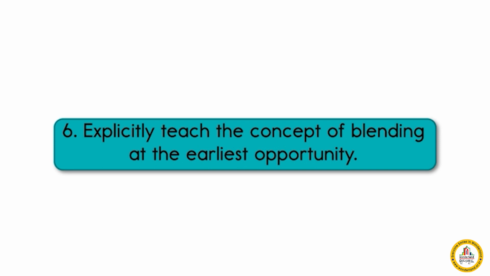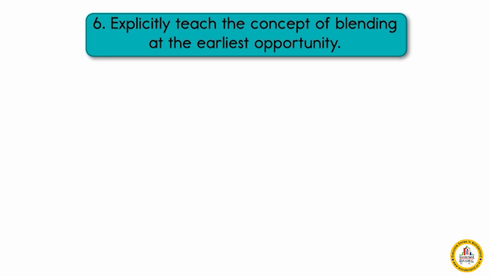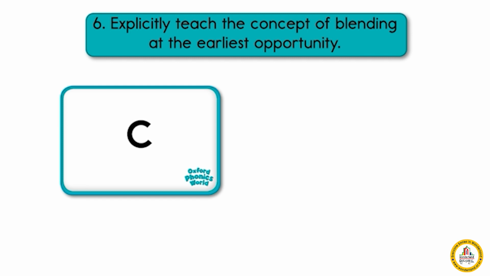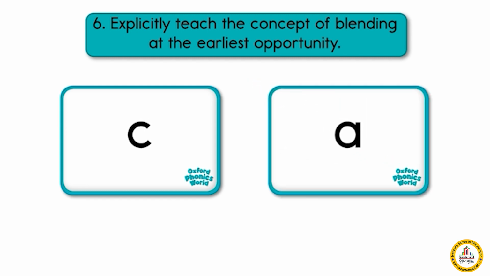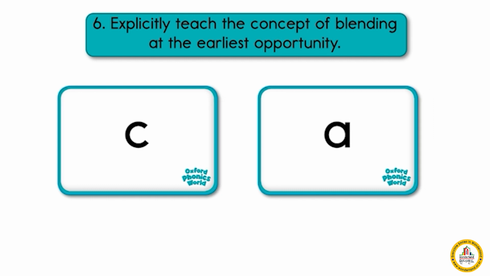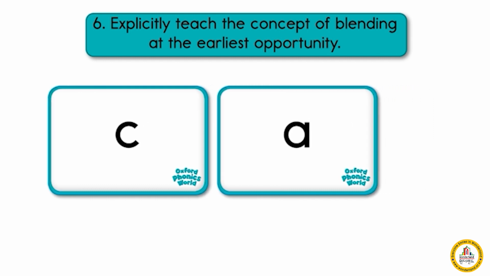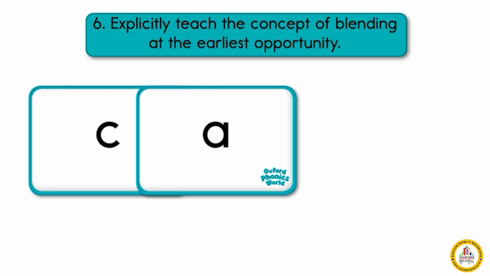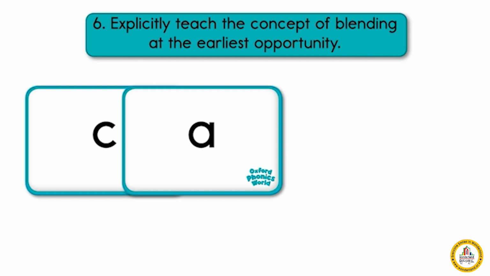Explicitly teach the concept of blending using flashcards at the earliest opportunity. One way to do this is to put the C flashcard forward and say K. Then put the A flashcard forward and say A. Continue to move the 2 flashcards towards each other each time, creating the sound of the letter until both flashcards are joined in the middle and say cat.